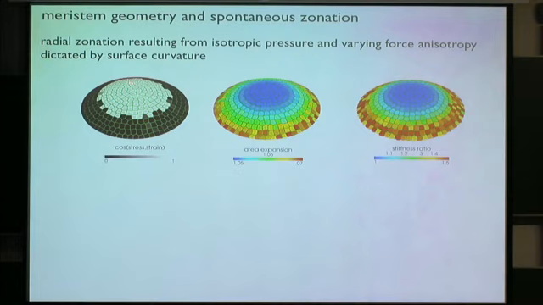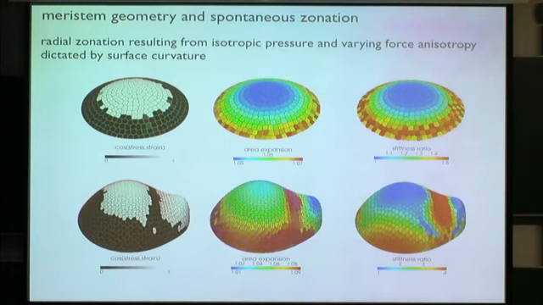We can have a kind of zonation that can be very interesting for other biological processes, in which in one region we have stresses and strains aligned, and in the peripheral zone the strains are radial, whereas the stresses are circumferential. And we get the highest growth rate in the peripheral zone, and we get the stiffest material, I mean, the most anisotropic material in the peripheral zone also.